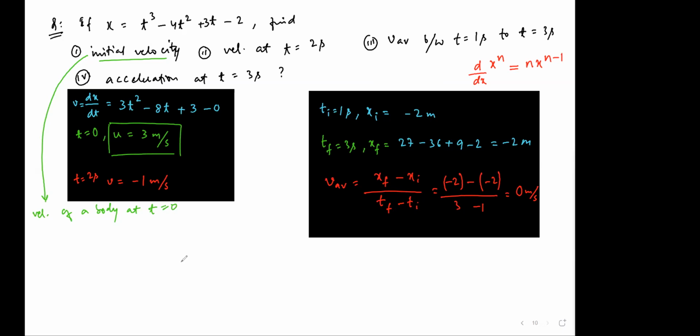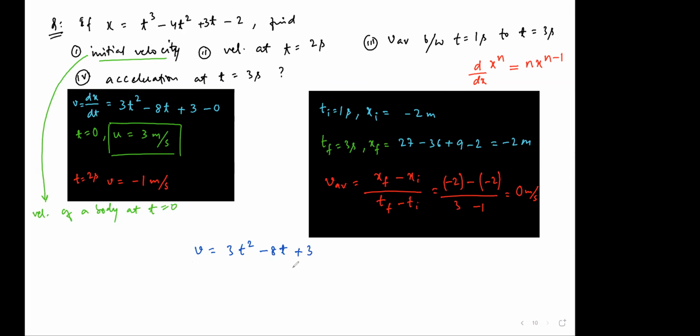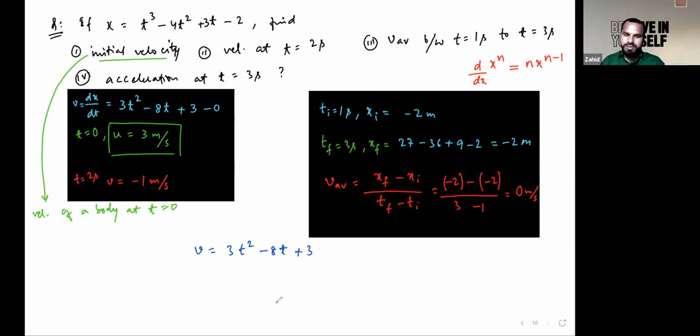Yes, sir. Now we have velocity, which is 3t square minus 8t plus 3. Whether this velocity is a position dependent function or time dependent function. Sabita? Sir, is velocity a time dependent function or a position dependent function?